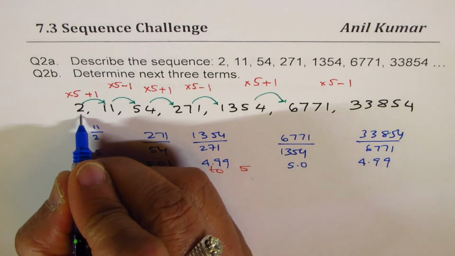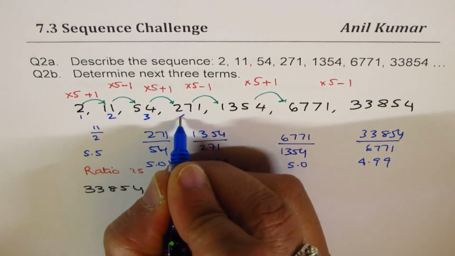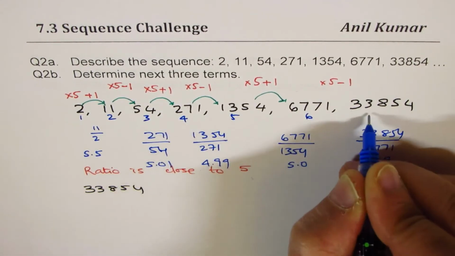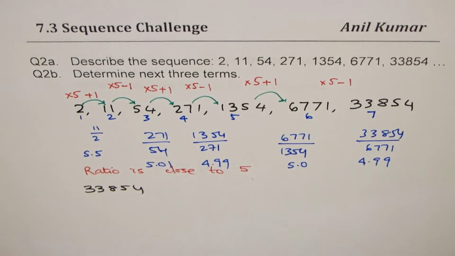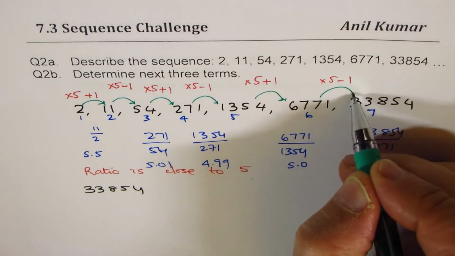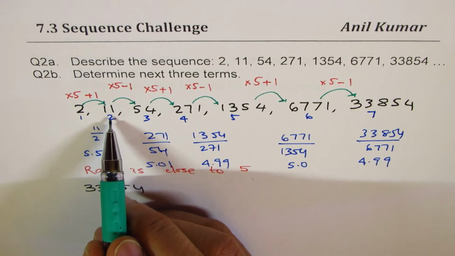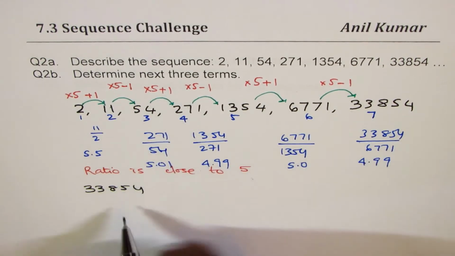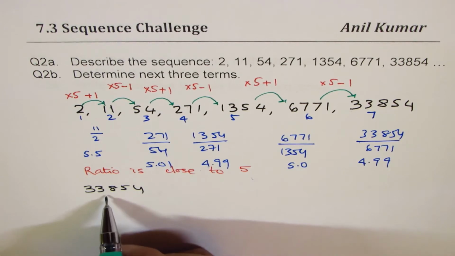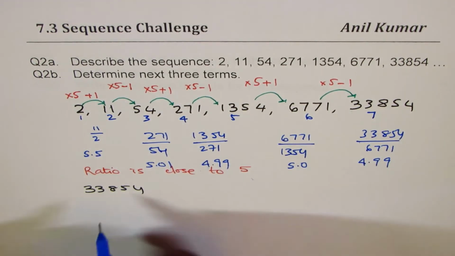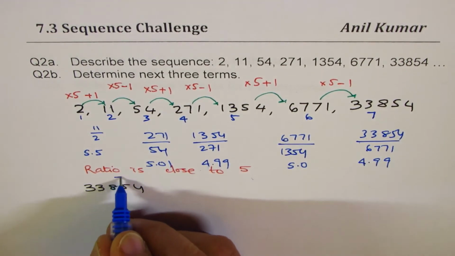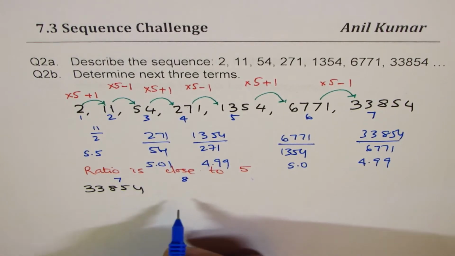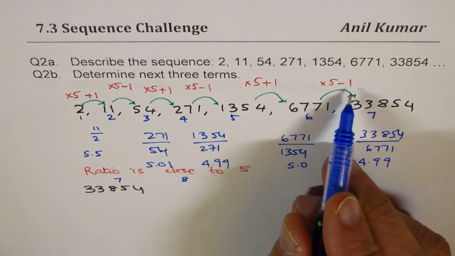So this is like 1, 2, 3, 4, 5, 6, 7. So what we notice here is to get to even numbers, we have to add, right? So this is term number 7. We want the 8th number. So in this case, we have to add 1.